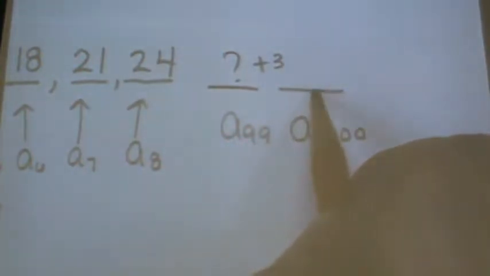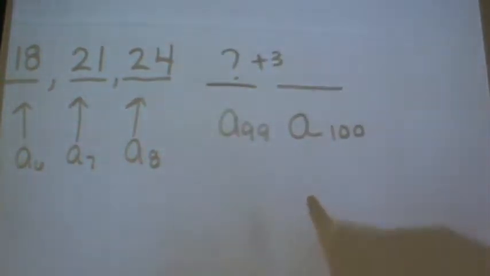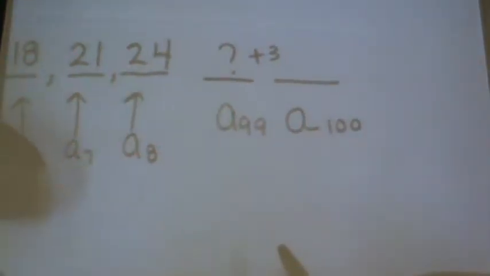Okay, well, you would have to know the previous term, which would be, if I wanted the 100th term, you would take the 99th term, whatever it is, and you would add 3 to it to get that term. Well, we have a formula. It's called the recursive formula. The recursive formula looks like this. You will state the first term in the sequence.